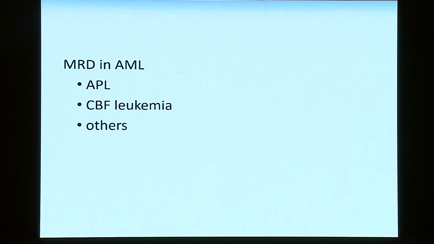After you finish your maintenance, you can do it every 3 months for the first 2 years, and then every 6 months for the coming 2 years. If you notice your patient has lost the response and MRD becomes positive, the chance of overt relapse in the first year is 90%. So it's better to intervene early before the full relapse.